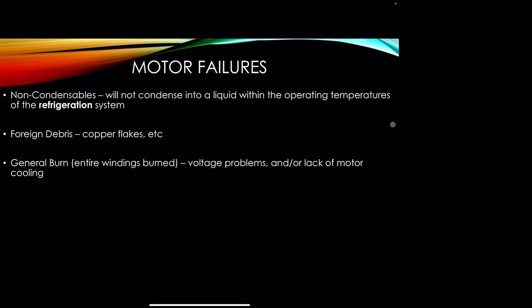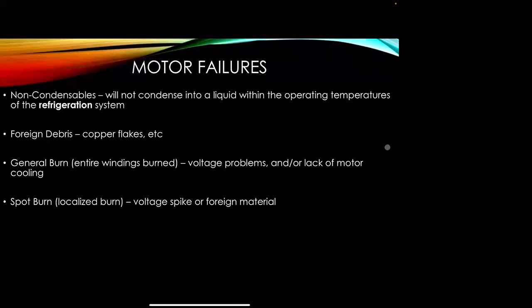General burn: usually entire windings burn. That can be from voltage problems or the motor being unable to cool. You have a spot burn, which is a localized burn. That could be a voltage spike or foreign material on just one winding or one electrical circuit.